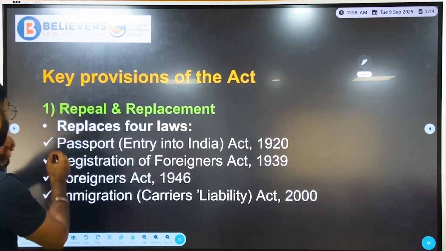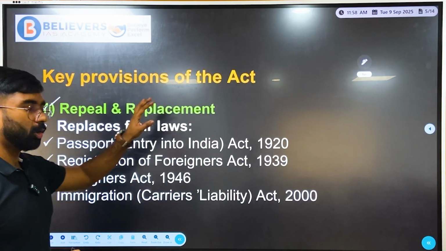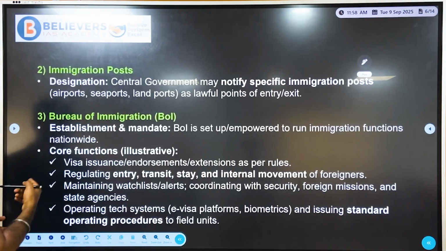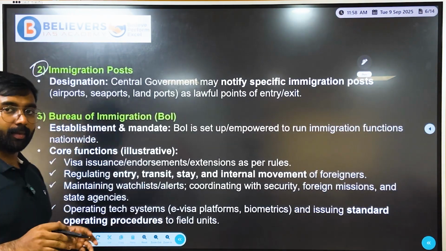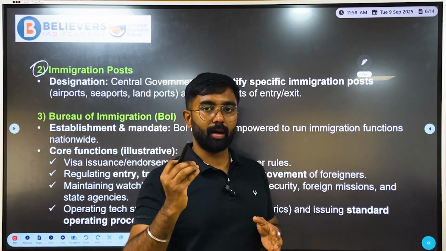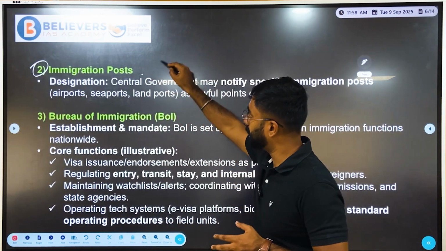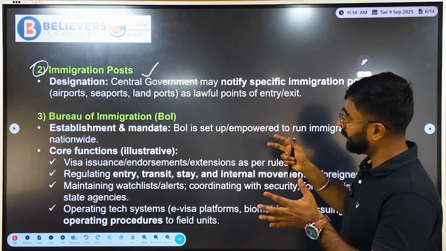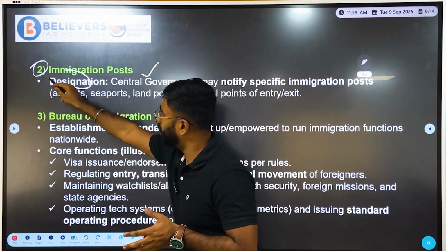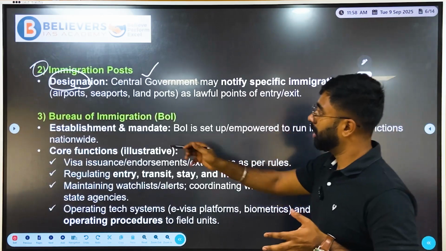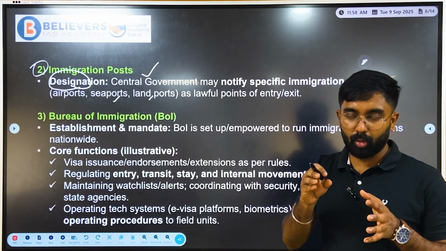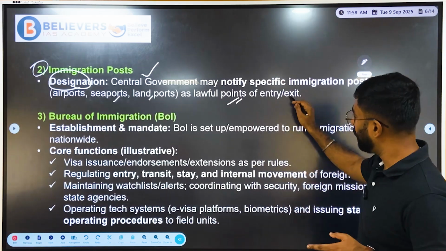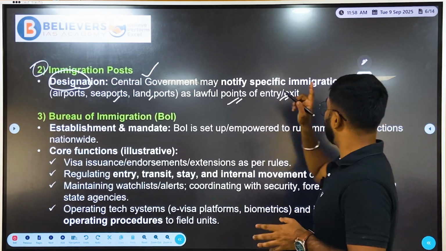So the first one: to repeal and replace all those acts which we discussed in the first slide. Second, it talks about the extensive power that the central government now has, where it can designate a few airports, seaports and land ports as lawful points of entry or exit for specific immigrants.